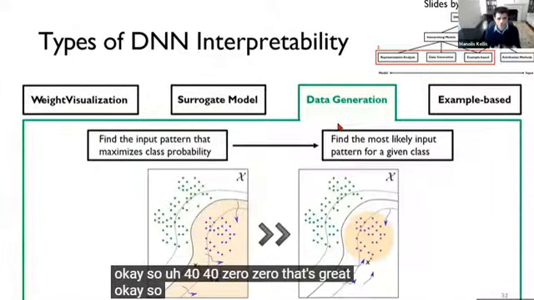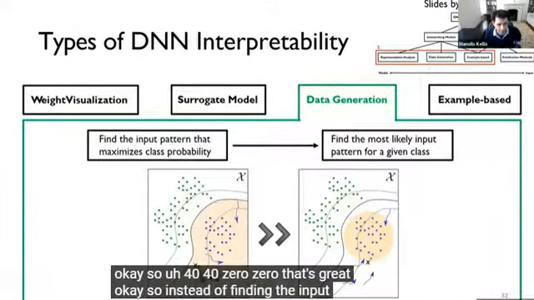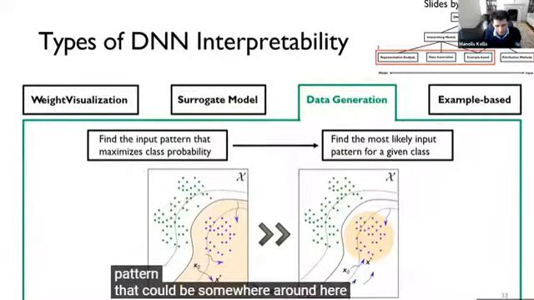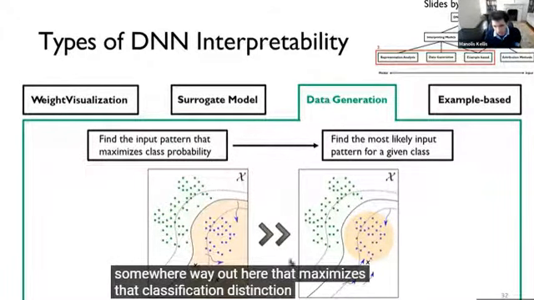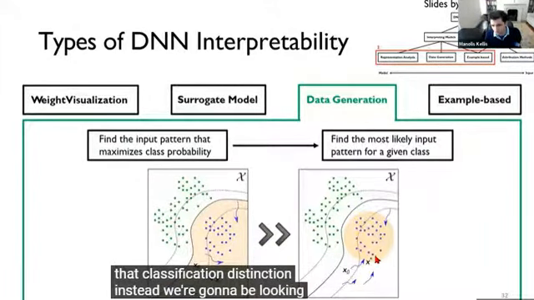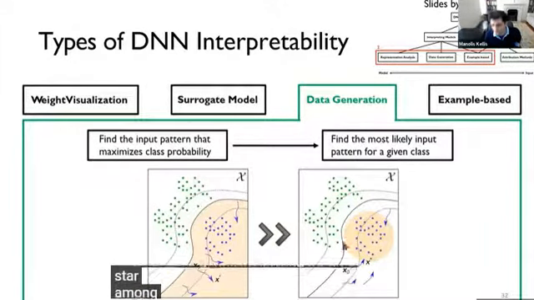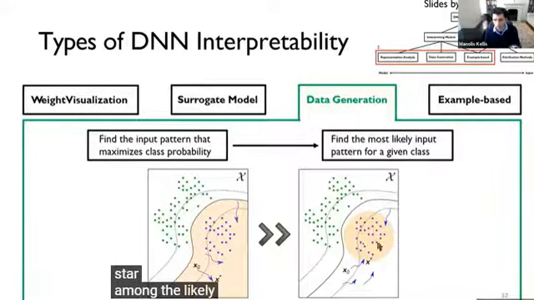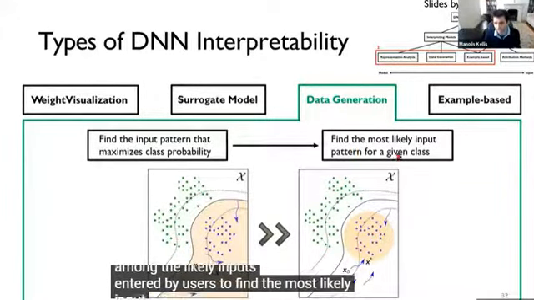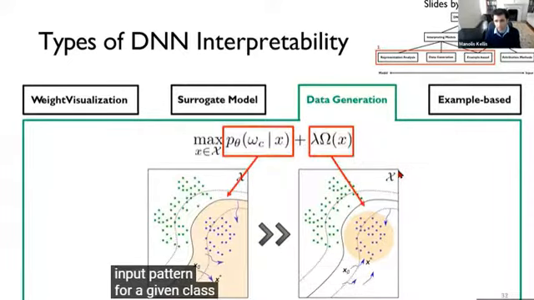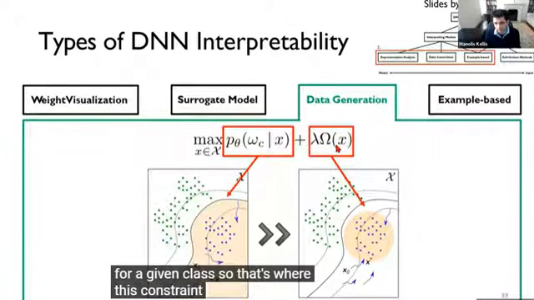So instead of finding the input pattern that could be somewhere around here, or somewhere way out here, that maximizes that classification distinction, we're going to be looking for an X star among the likely inputs entered by users, to find the most likely input pattern for a given class. So that's where this constraint is coming in.